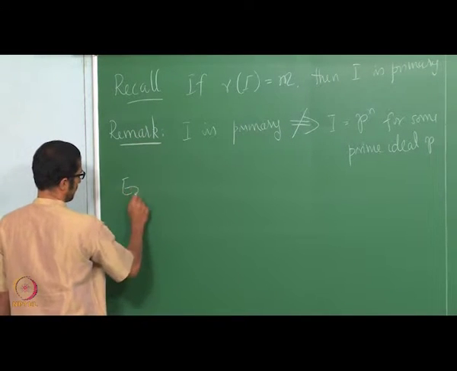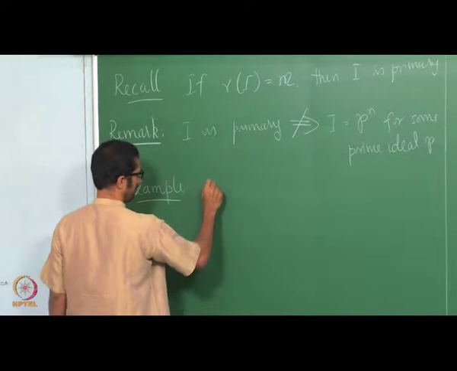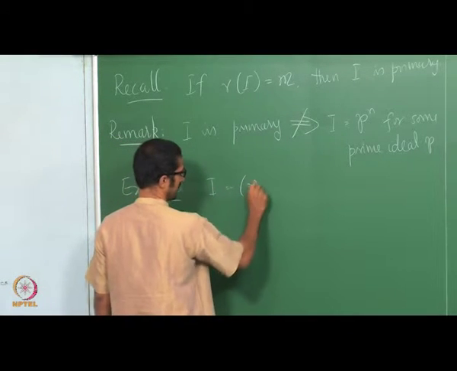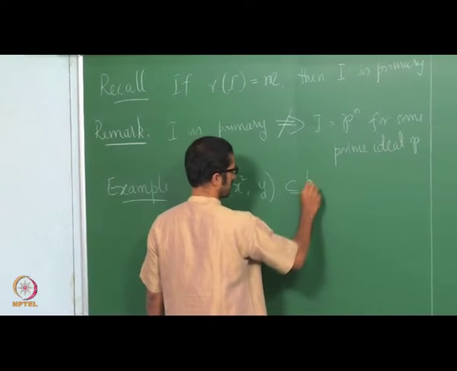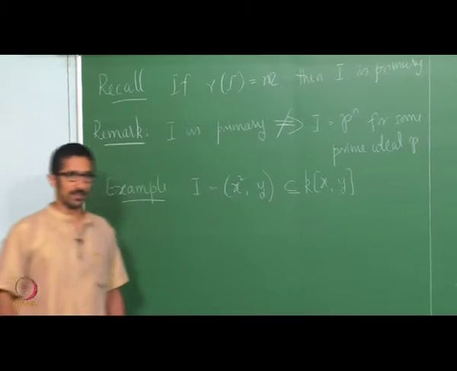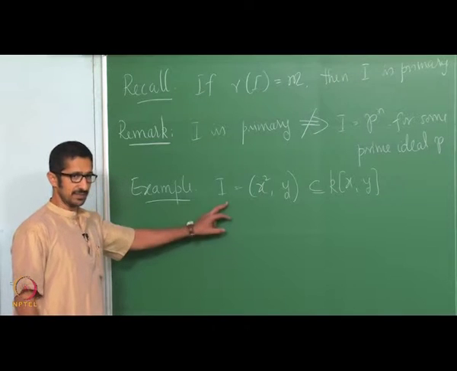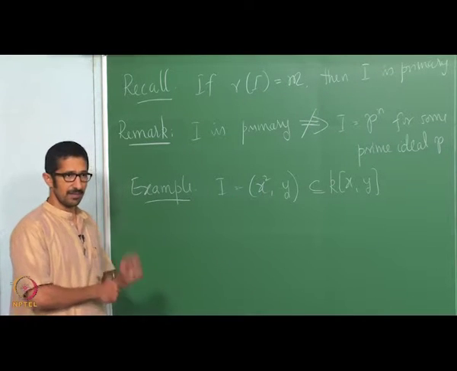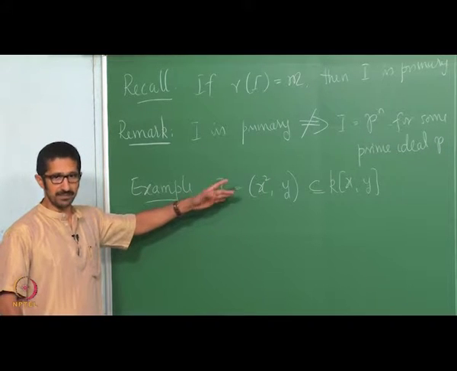A straightforward example is, I think we looked at this example, in k[x,y], k a field, the polynomial ring k[x,y]. This is a primary ideal, but this is not a power of any prime ideal.